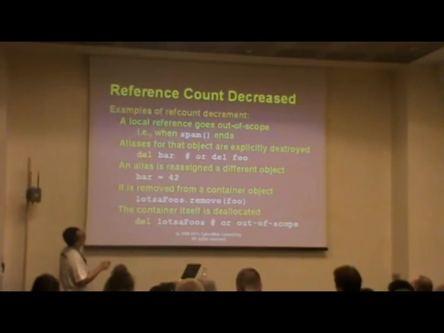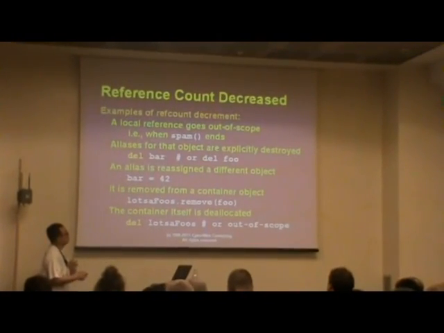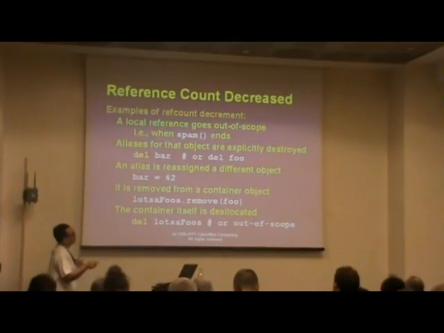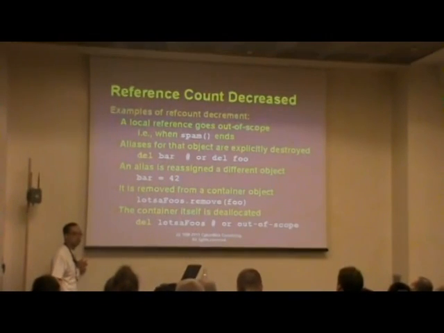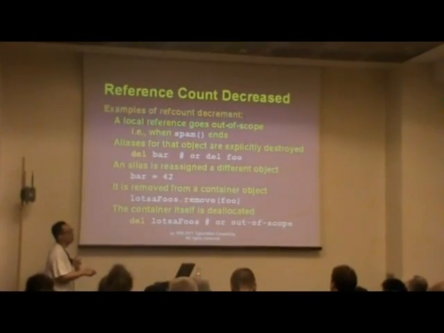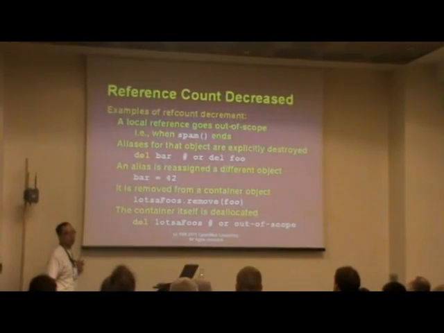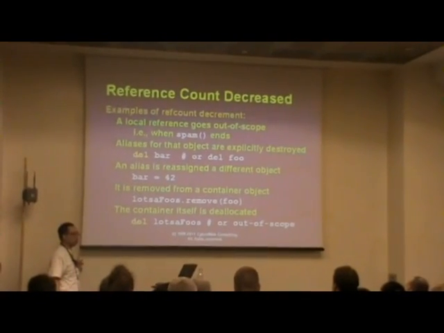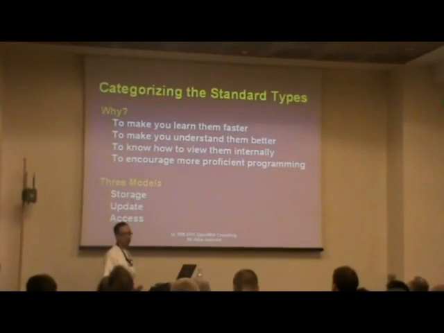I can immediately assign var to something else completely different, so now it's not looking at my string anymore. Or remember how I also put it in this container, the list? Well, I can also remove it just as easily. Or maybe the entire container goes away. All those things make the reference count go down by 1. Okay, just something to think about. And anyway, we're ending that section.